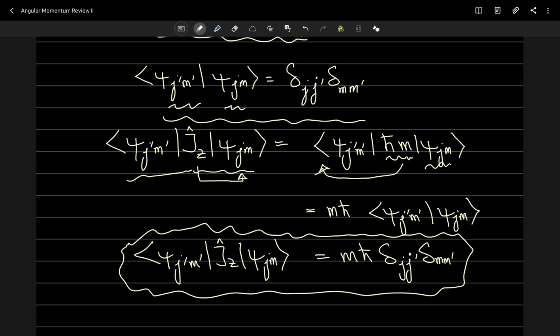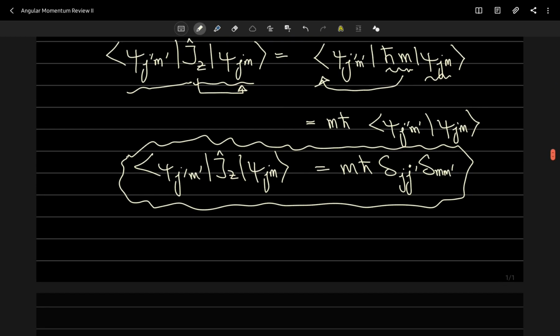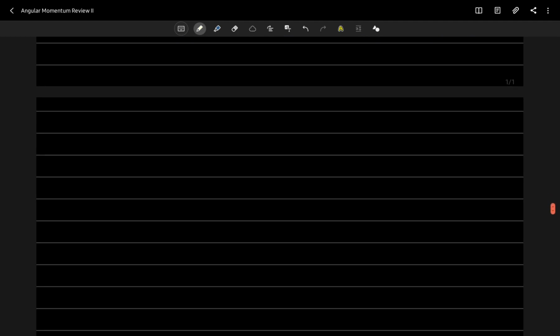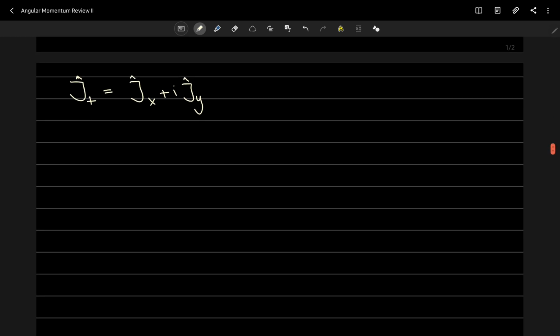Now the eigenvalues of Jz and J squared are real, and these values can be determined using the following relations. We will first introduce the ladder operators. J plus is Jx plus i Jy.